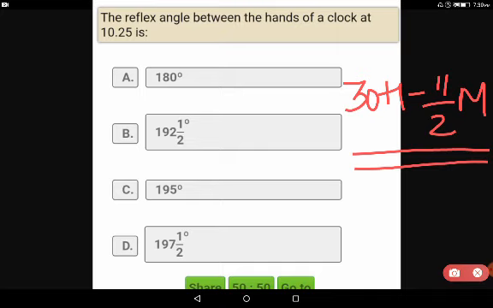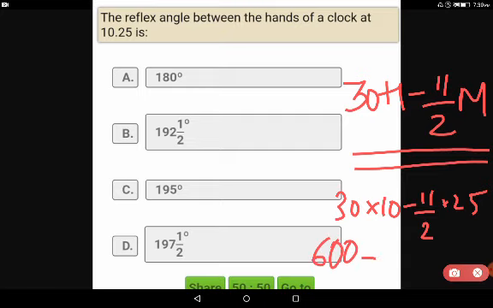So this will be 30 into 10 minus 11 by 2 into 25. So this will be 600 minus 11 into 25, that is 275 divided by 2.